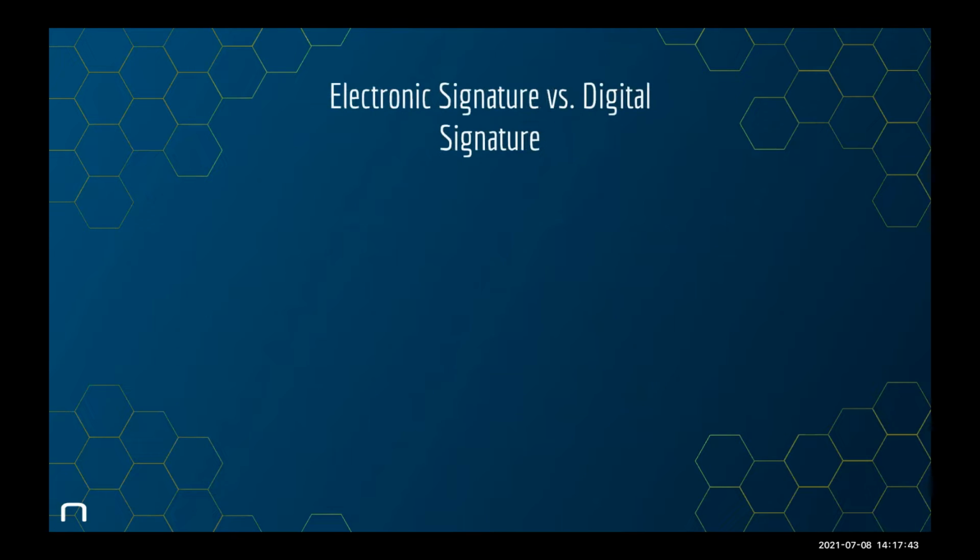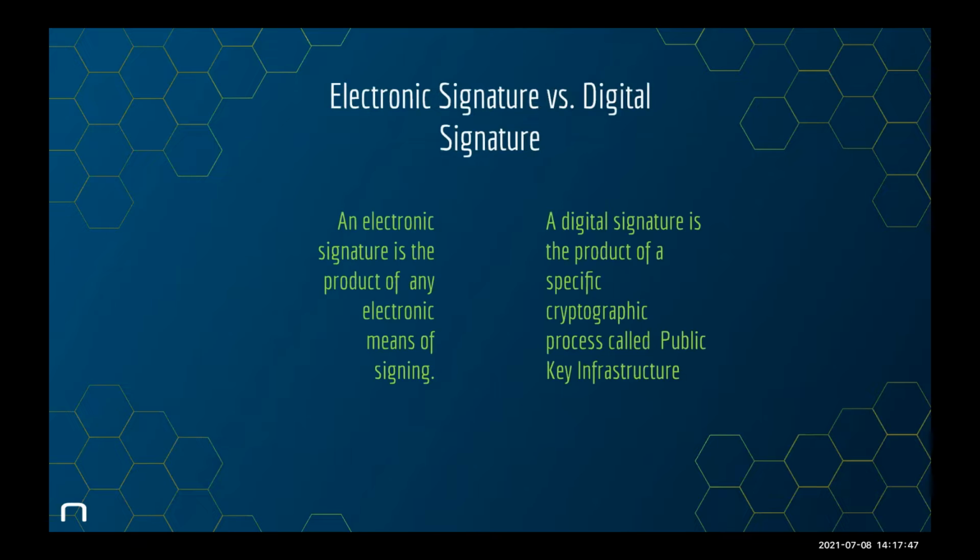Now, what are the real differences between an electronic signature versus a digital signature? An electronic signature is, in short, the product of any electronic means of signing, okay? Whereas a digital signature is the product of a specific cryptographic process called a public key infrastructure.